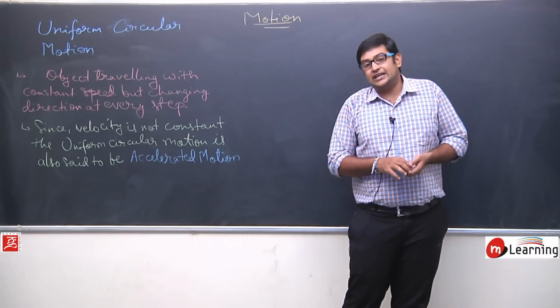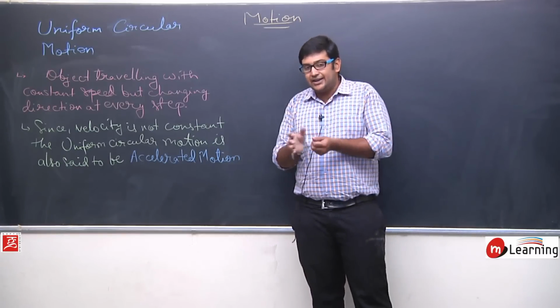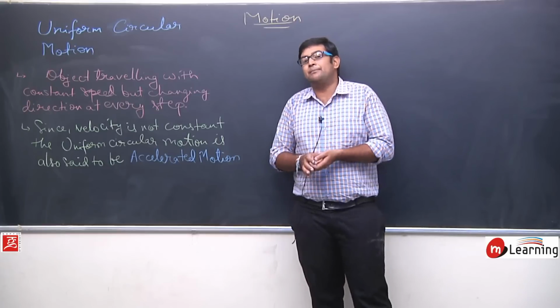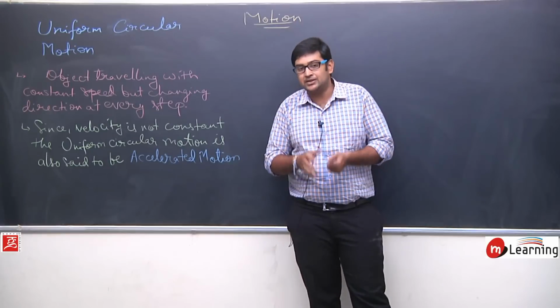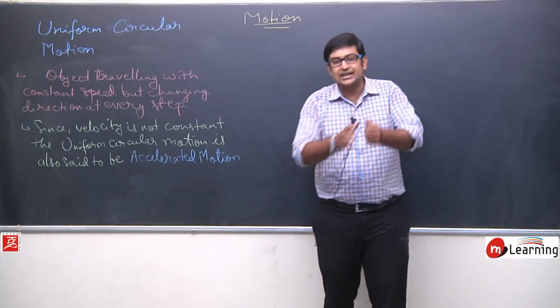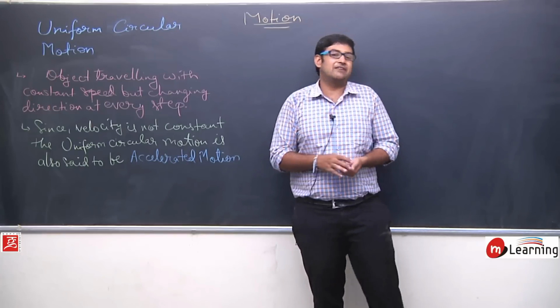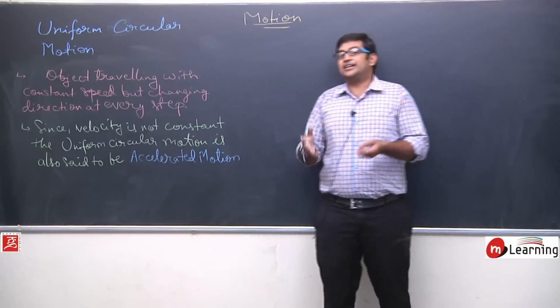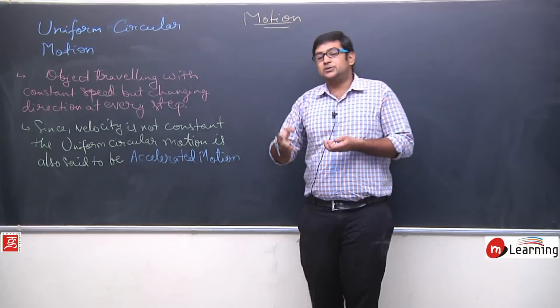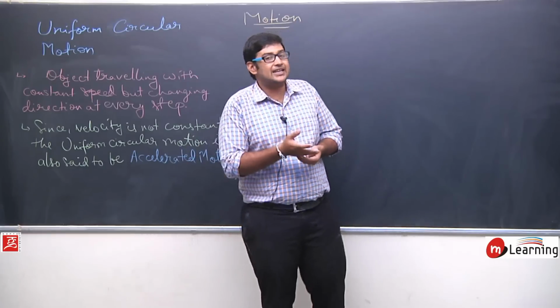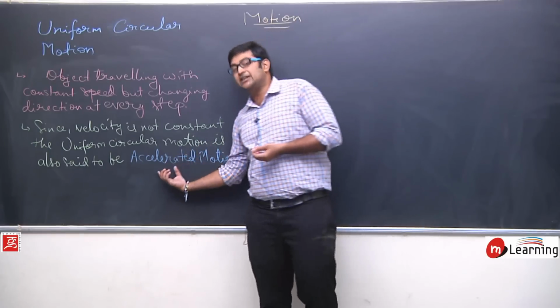We considered that case because till now we have only taken examples which include straight line motion. But if the object is traveling along a circular path, its speed can be constant but direction can change. That's why the acceleration will arise.